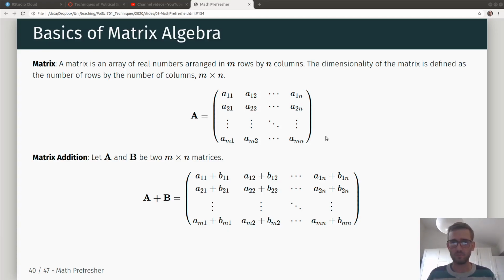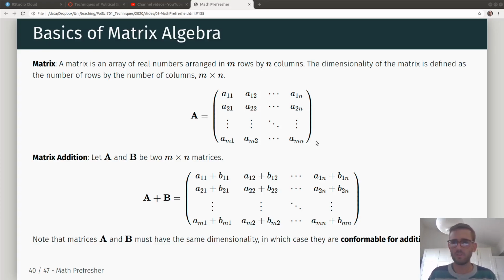The most basic one is matrix addition. If we have two matrices A and B that have the same dimensions m by n, then the addition of those two matrices is just the elements added to each other. So the result is again an m by n matrix where each element is the sum of the individual elements in the original matrices.